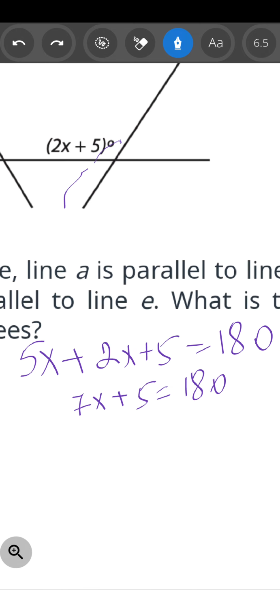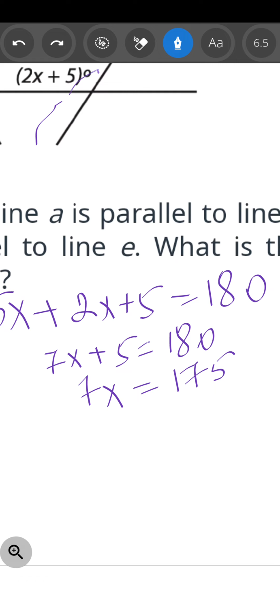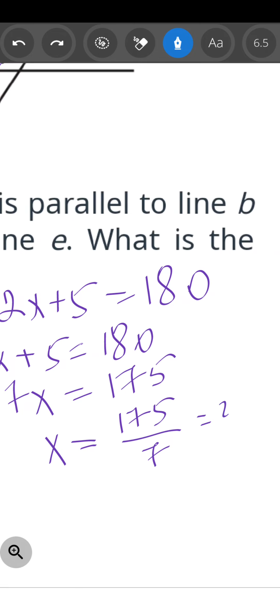Let's subtract 5 from both sides of this equation. We'll get that 7x is equal to 175 degrees. And divide both sides of this equation by 7. We'll obtain that x is equal to 175 divided by 7, that is equal to 25 degrees.